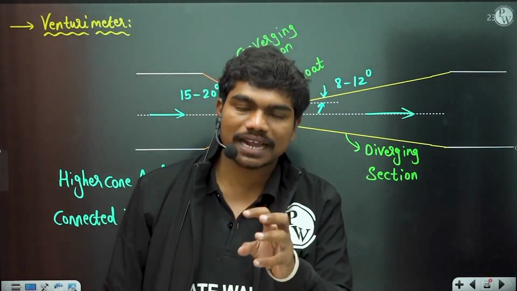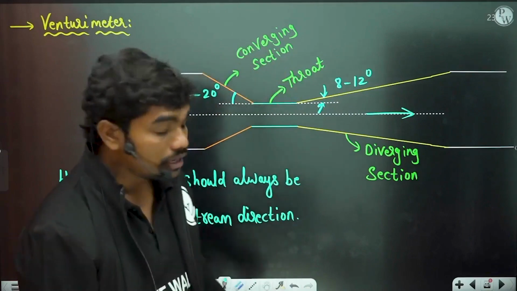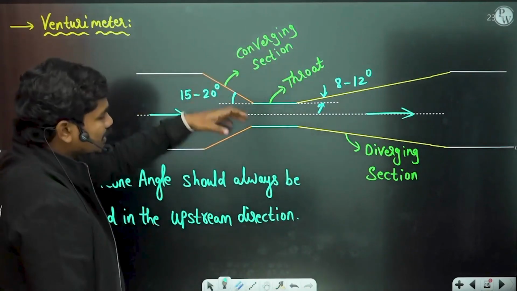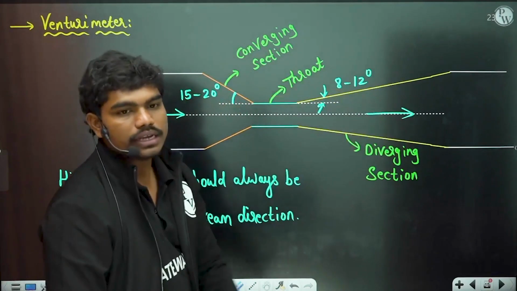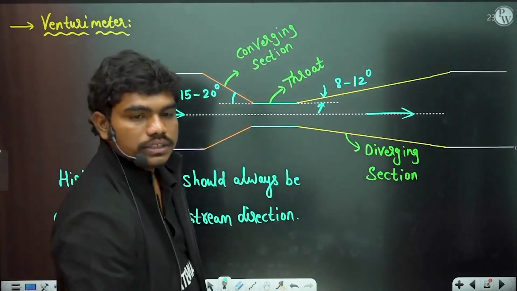Whenever the convective acceleration is very high, this convective acceleration will make the flow happen. So it actually drives the flow, understood? So that's the main reason.